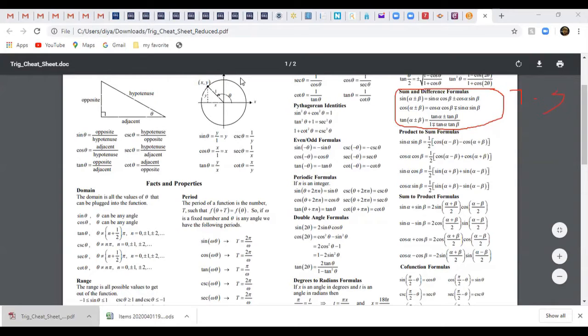Along with that, we solved some questions based on the product and the sum formulas. These were also in 7.3.